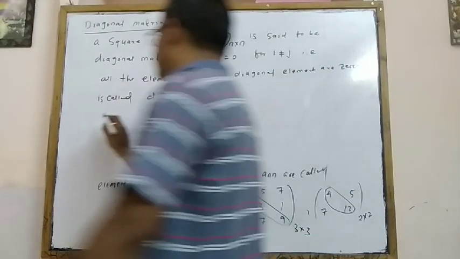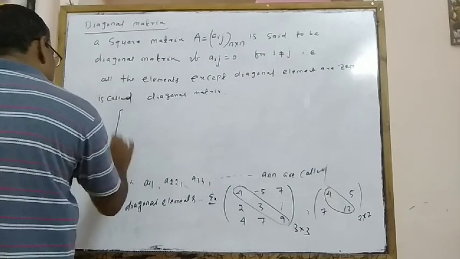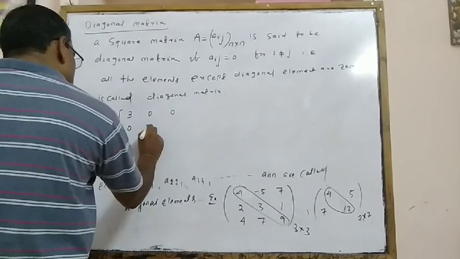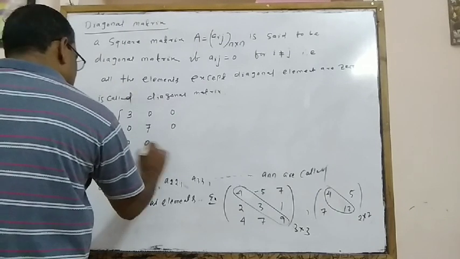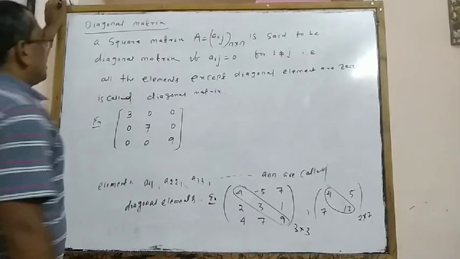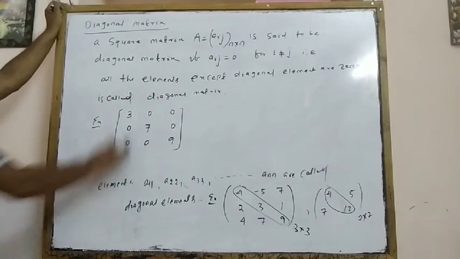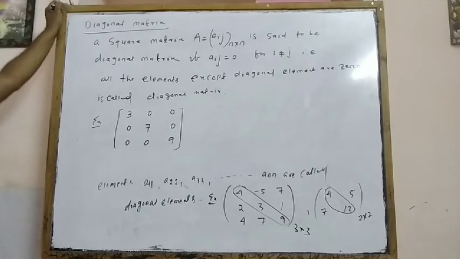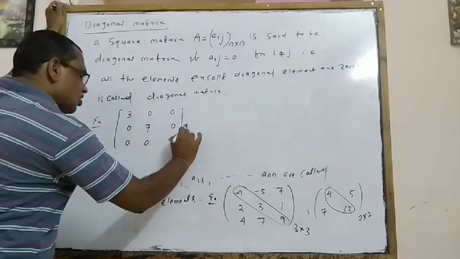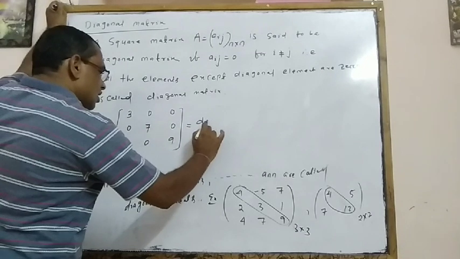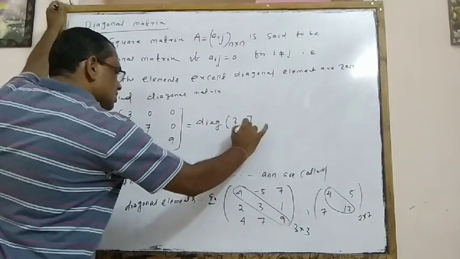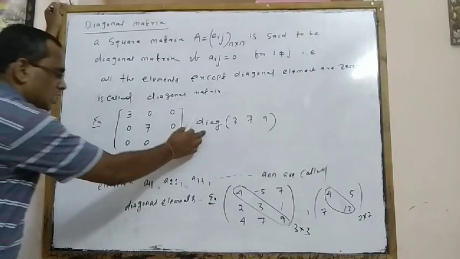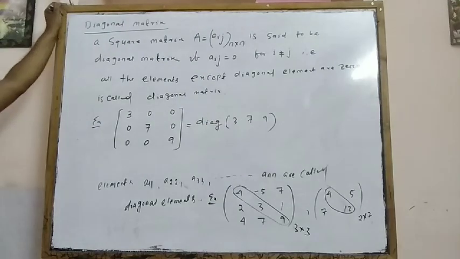For example, 3, 0, 0; 0, 7, 0; 0, 0, 9. This is a diagonal matrix, and these are the diagonal elements. It is also represented as diag(3, 7, 9).